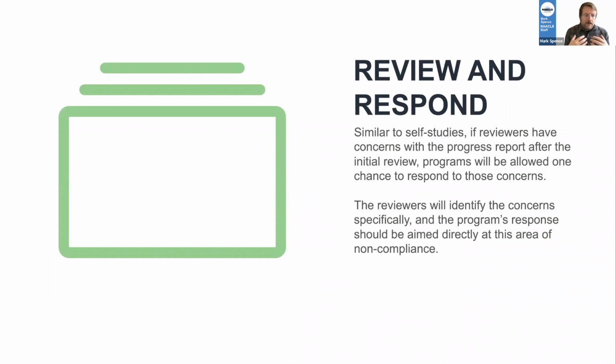Honestly, with a lot of the progress reports I see, those items are satisfied in the actual progress report, so a response is rarely necessary. But to hopefully ease the minds of the people on this call or who are watching this later who may have a progress report due, you will receive a review of your progress report, and if there are outstanding concerns, you will be provided one opportunity to respond, similar to self-studies.